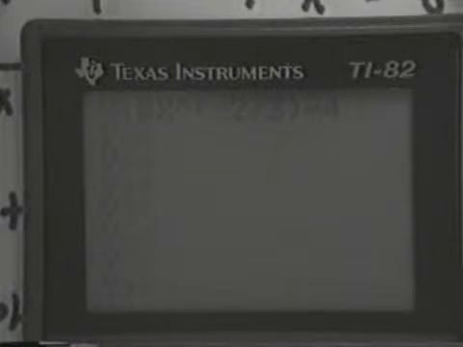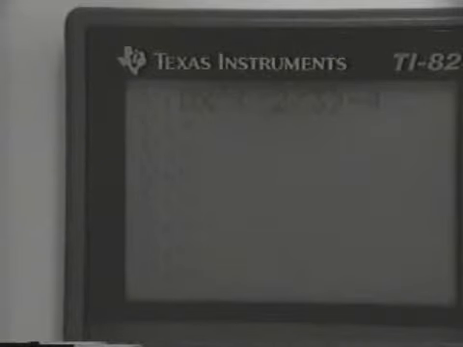Well, the function was the square root, so I'm going to hit inverse square root, so hit the square root symbol. Now hit parentheses, 2x minus 1, close the parentheses, plus x minus 8.